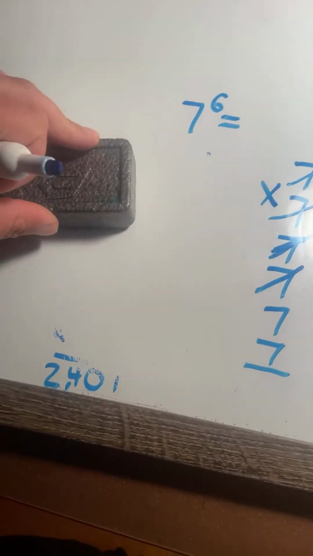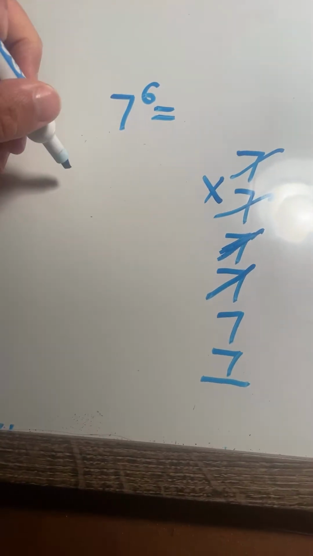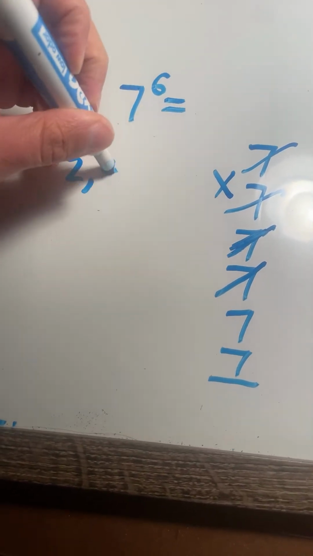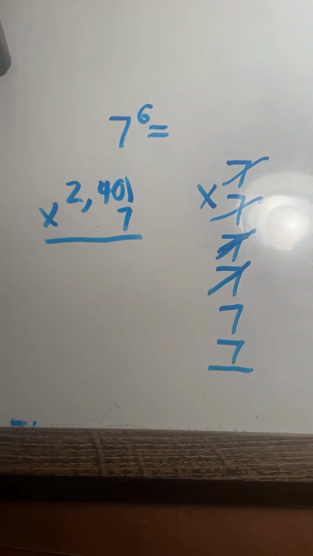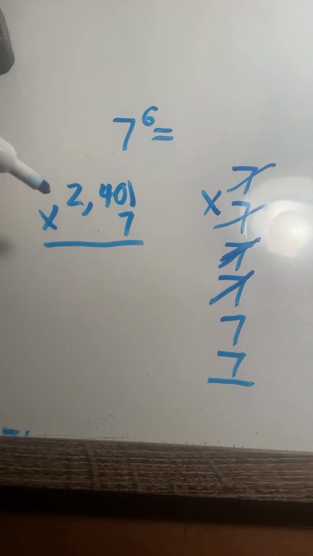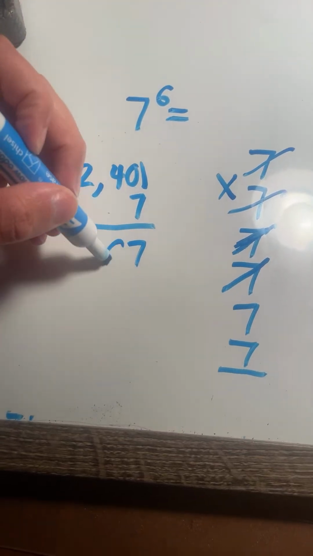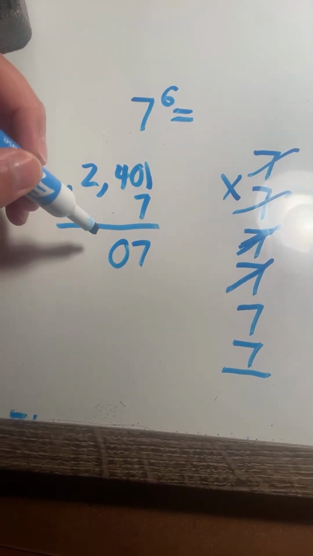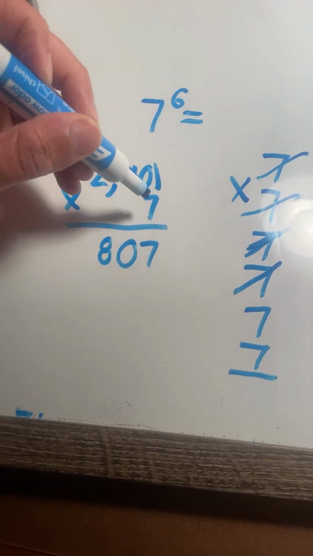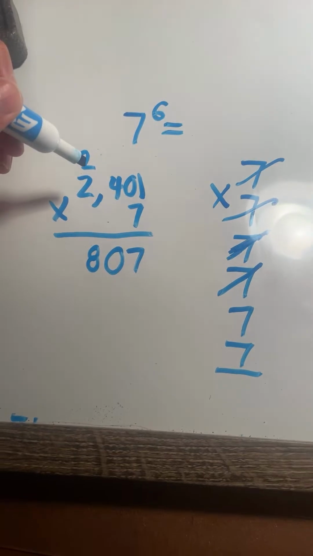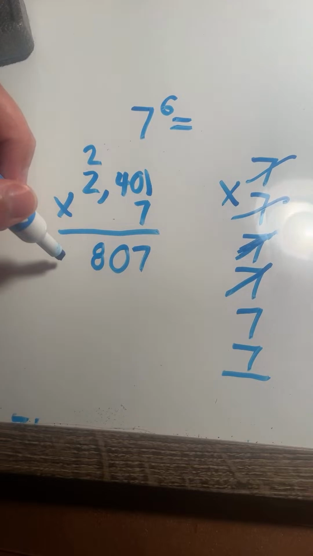Now we need to keep going. So 2,401 times 7. We now have to multiply 2,401 times 7. 1 times 7 equals 7. 0 times 7 equals 0. 4 times 7 equals 28. 8 carry the 2. 2 times 7 equals 14, plus 2 equals 16.